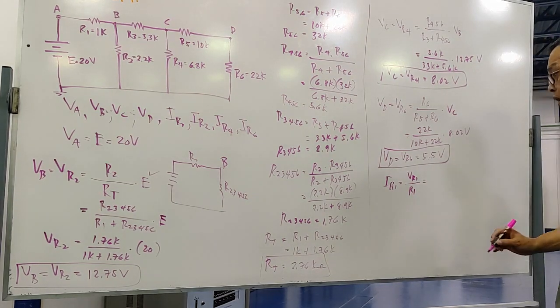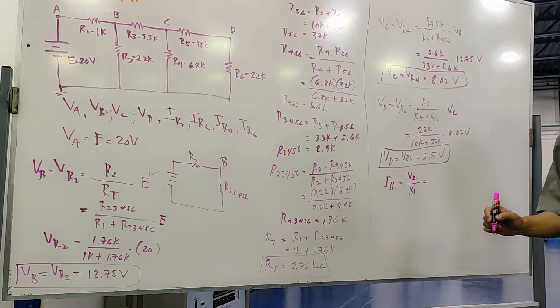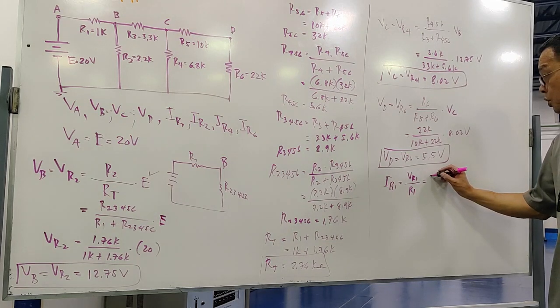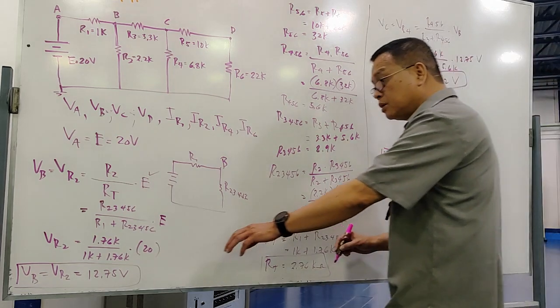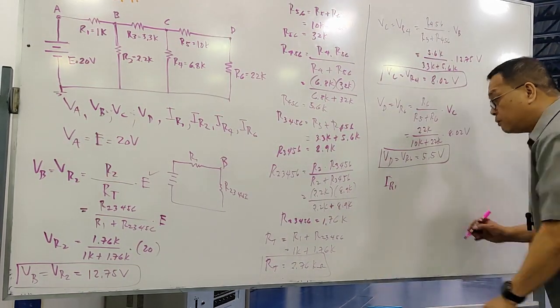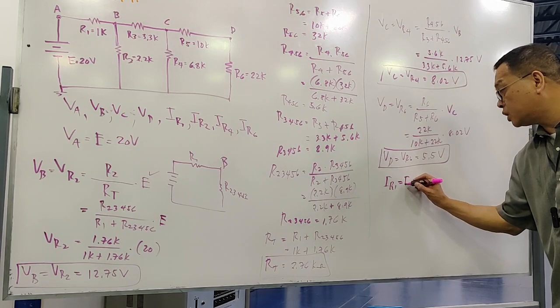So IR1 here is the current through R1. That is just equal to I total, correct?